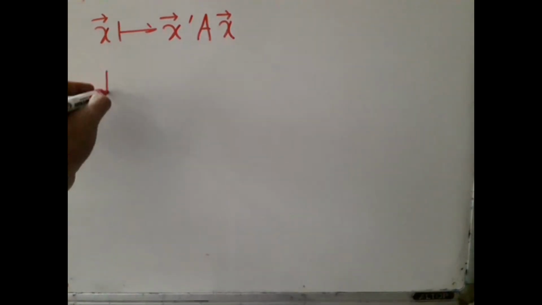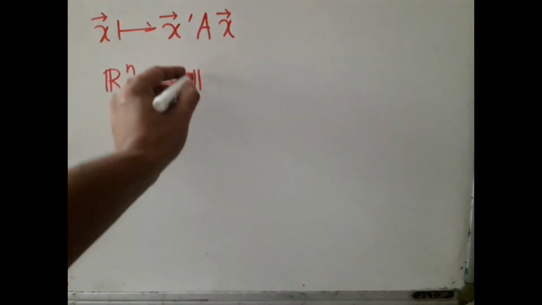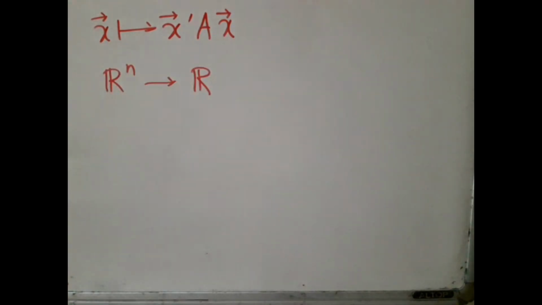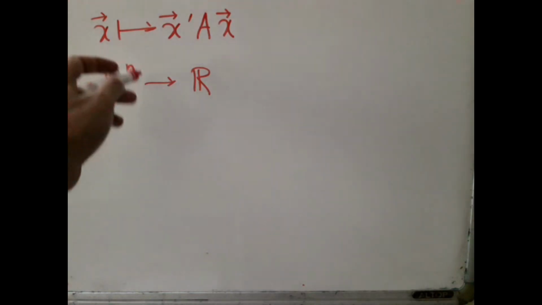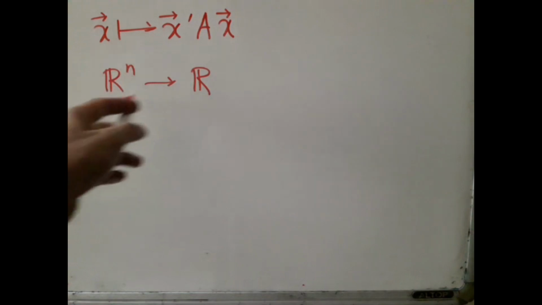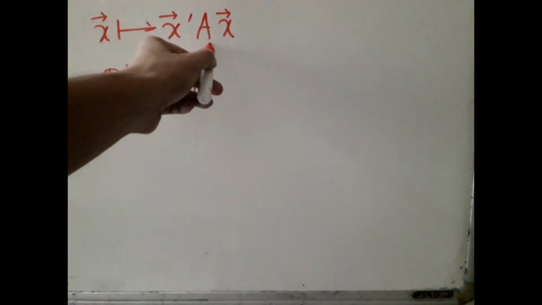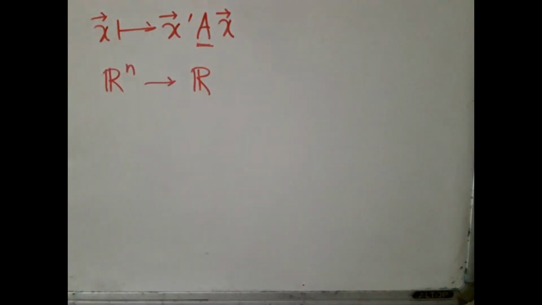In that case, it is a function from Rn to R. So a quadratic form can be considered as a special function from Rn to R. Now notice that once I look at it in this way, it is basically a vector space, and this is the underlying field. Now this matrix, you will now notice, actually depends on what basis you are using.